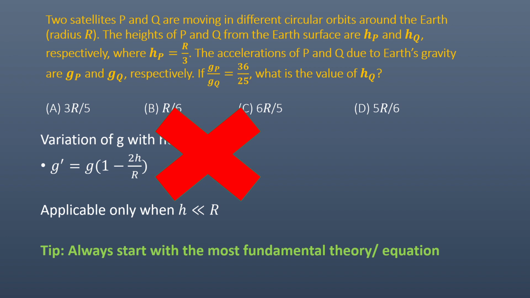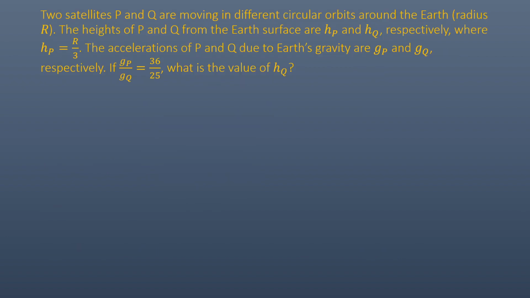We will look at the most basic equation for gravitational force, Fg equals G m1 m2 by r square. So if you look at the equation, we can see that the acceleration of gravity is proportional to 1 by r square. So then we can write this ratio gp by gq in terms of the radius, which is the distance of the satellite from the center of the Earth, which I represent as rp and rq.